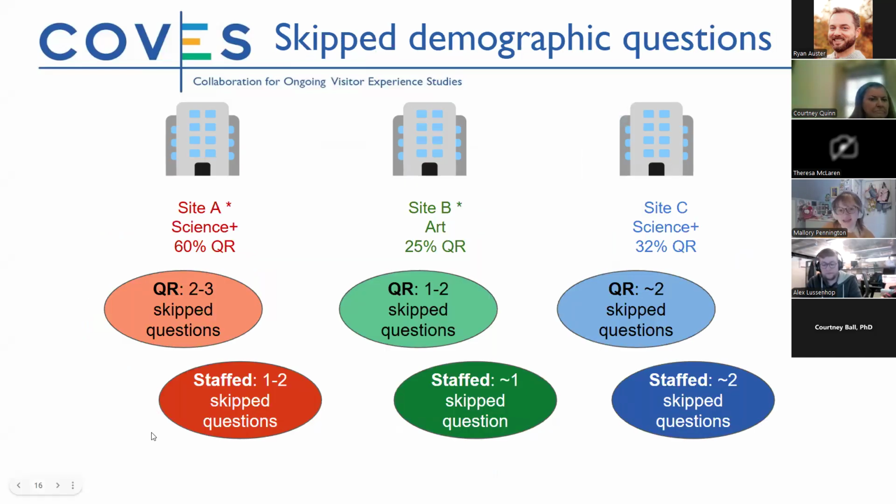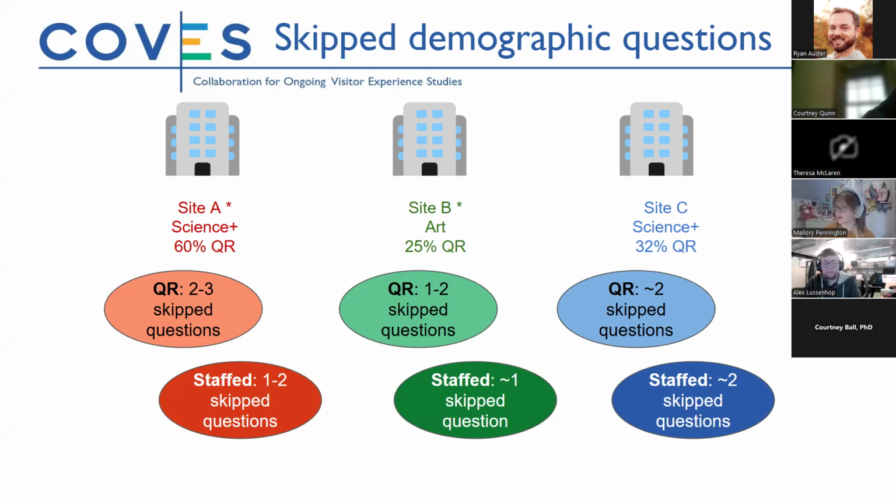Another thing we looked at is the tendency for people to skip answering demographic questions. As I brought up, we asked for sensitive demographic information on the COVE survey, and people might have different levels of comfort answering those questions. Although we have prefer not to say options on a lot of those questions, we also allow participants to skip any question that they don't want to answer. They don't have to click prefer not to say, they don't have to click anything at all. And we wanted to see if it was more common to fully skip questions on one kind of survey versus the other.